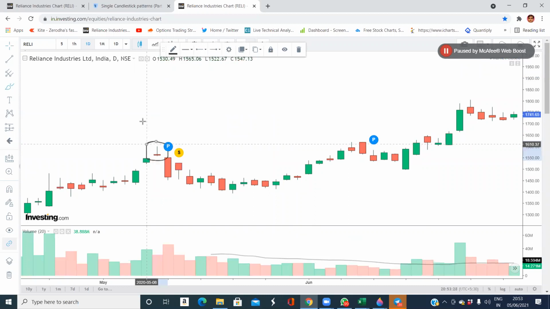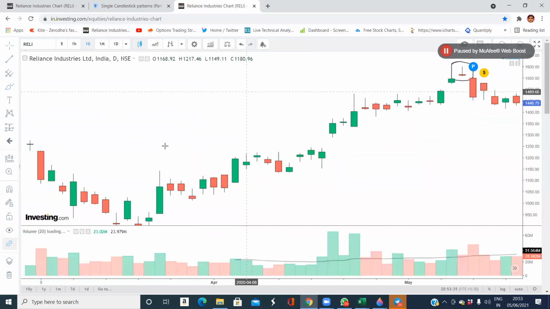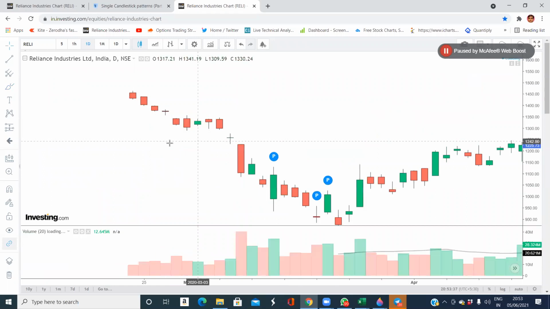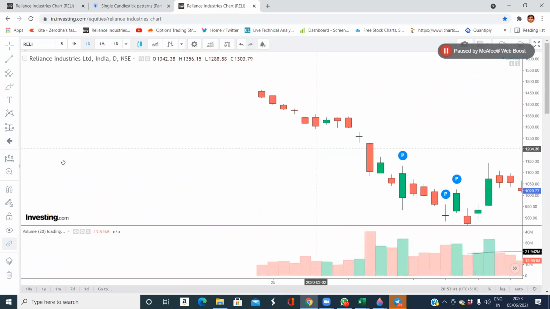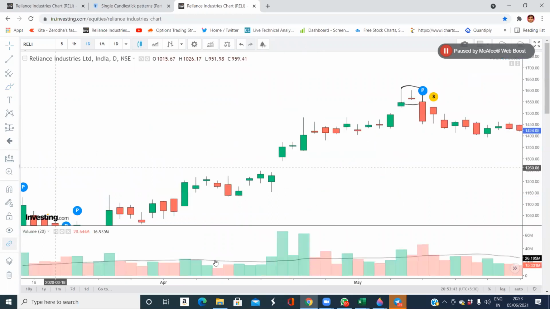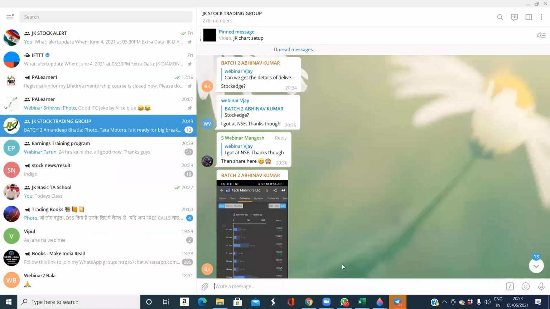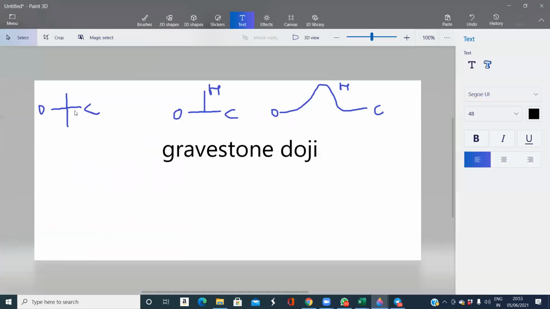So this is the normal doji, this is the gravestone doji.